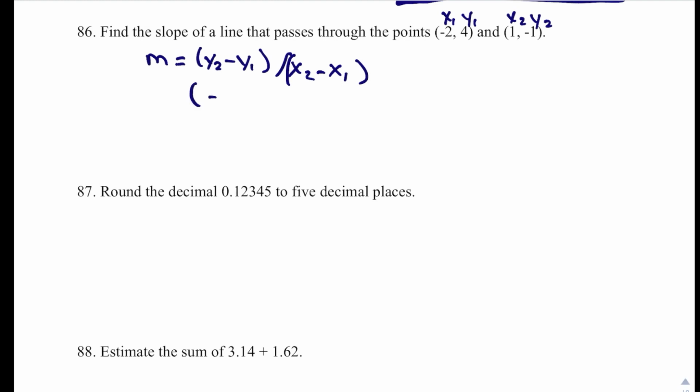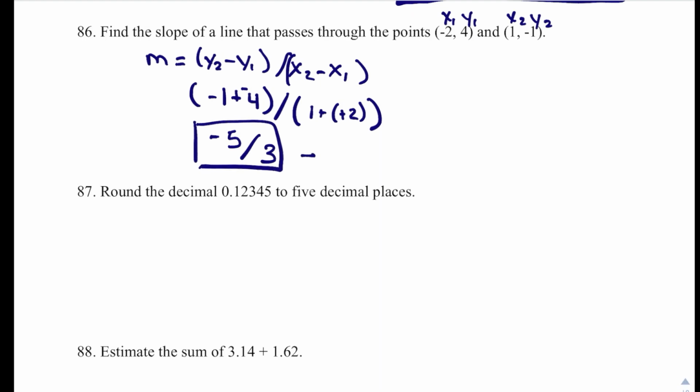So we have -1 minus 4 divided by 1 minus -2. So this is going to become plus 2, so we have -5 divided by 3. So our answer is -5/3.